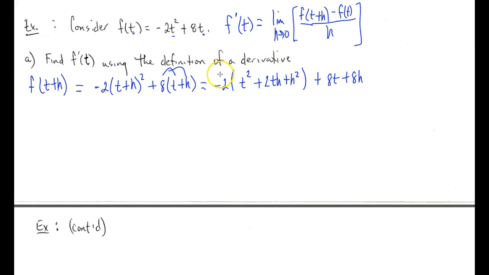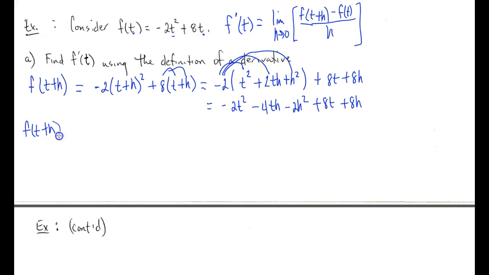And so now from there, all we need to do is distribute the negative 2 to all 3 terms here. So that'll be negative 2t squared minus 4th minus 2h squared plus 8t plus 8h. And so the next step now is we need to subtract what we see here from f of t.